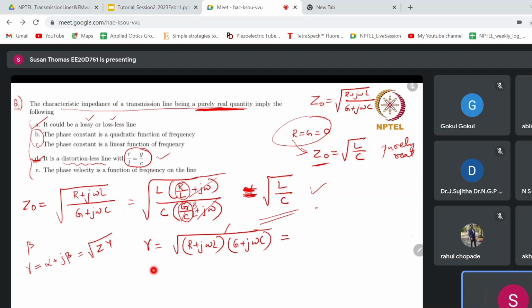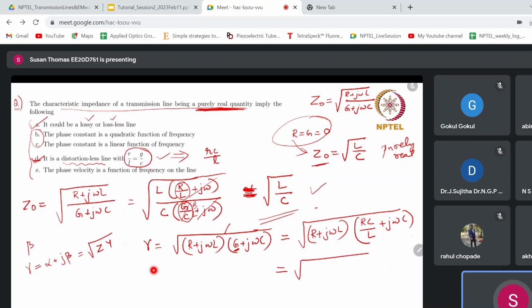From the distortionless line condition, what is G? G is RC by L. So I replace G with RC by L.